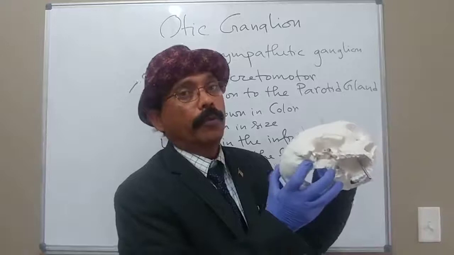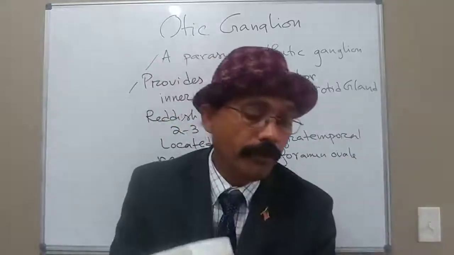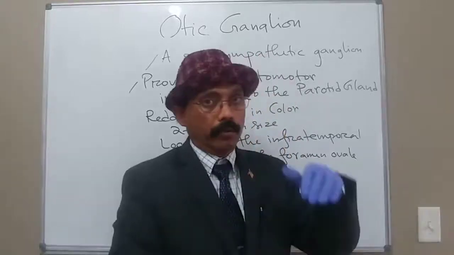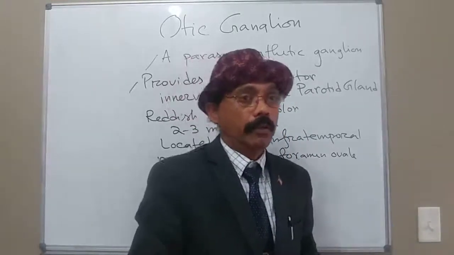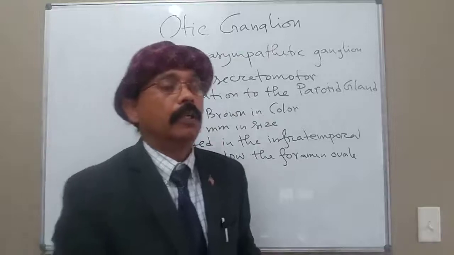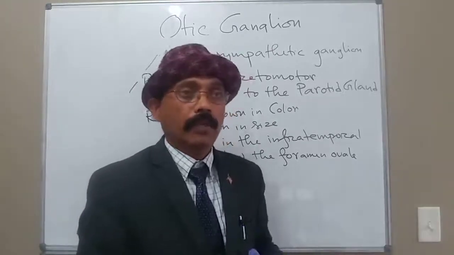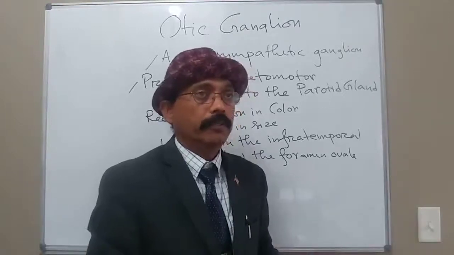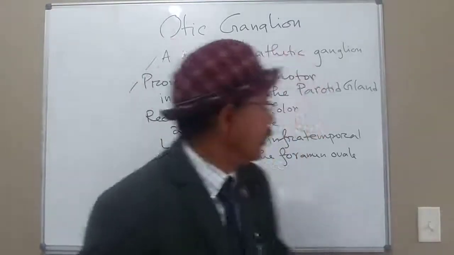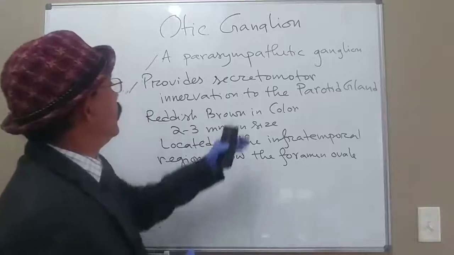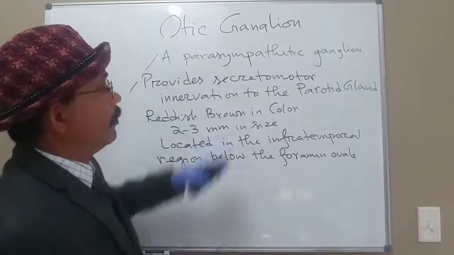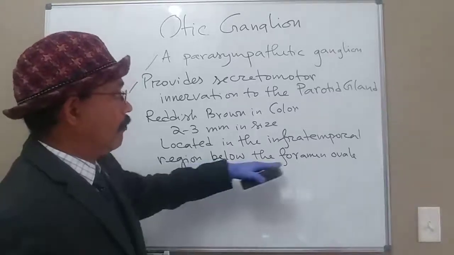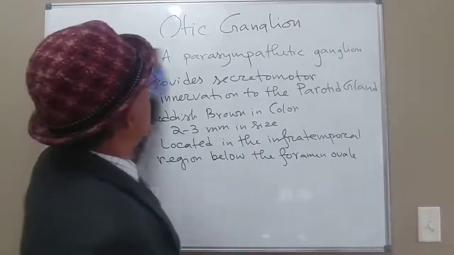This is the foramen ovale, and through the foramen ovale the mandibular nerve goes down, and also the lesser petrosal nerve goes down there. Okay, and we get the otic ganglion below the foramen ovale.